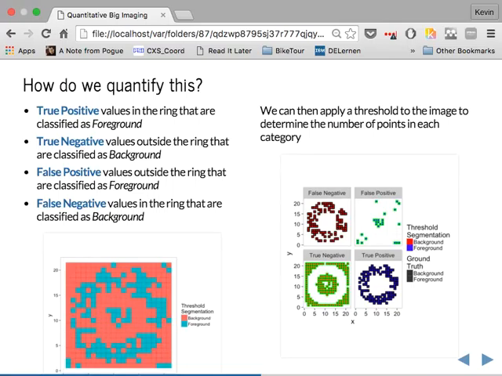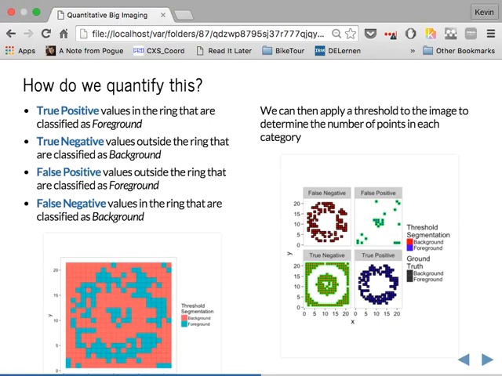And so how do we start to quantify this? We have these standard terms that we use: true positive, true negative, false positive, and false negative. And I assume, has everyone heard of this idea before at least? So the true positives are the things that are in the ring that your algorithm or your approach correctly identified as being inside the ring.